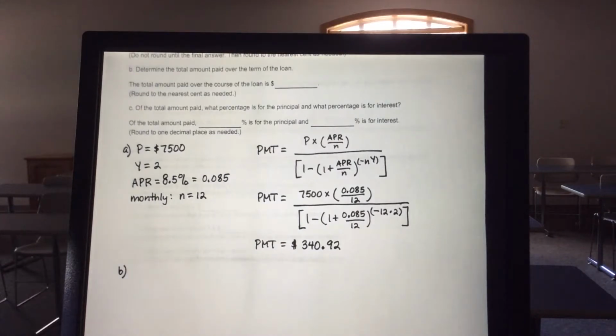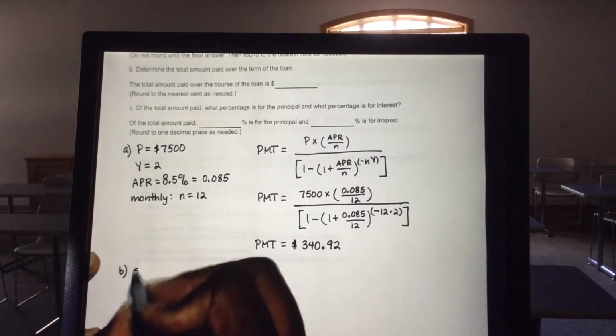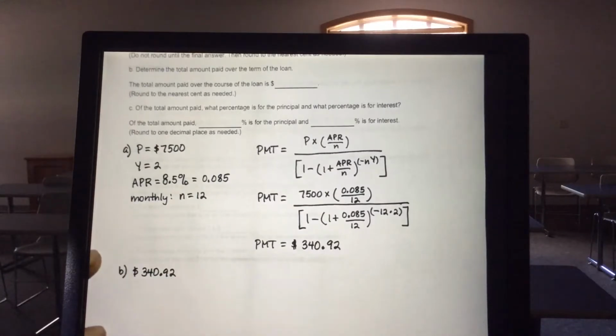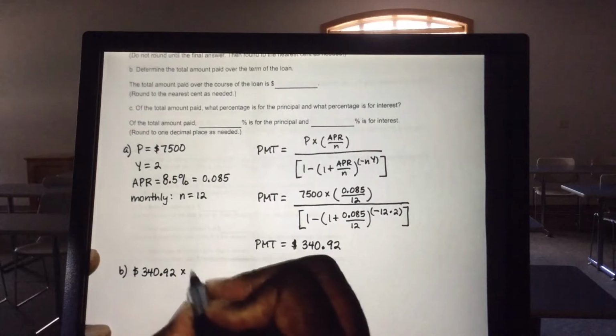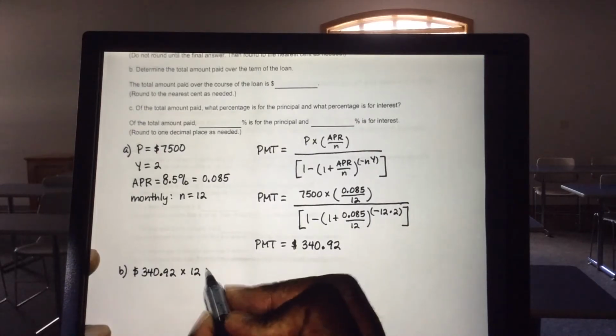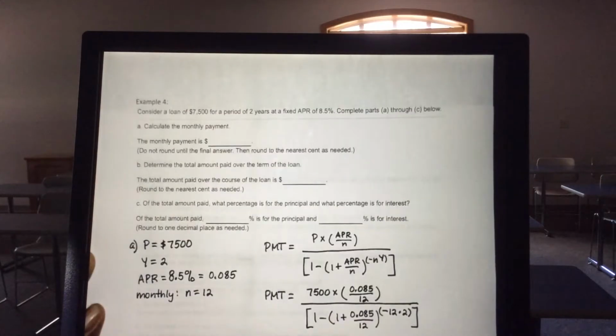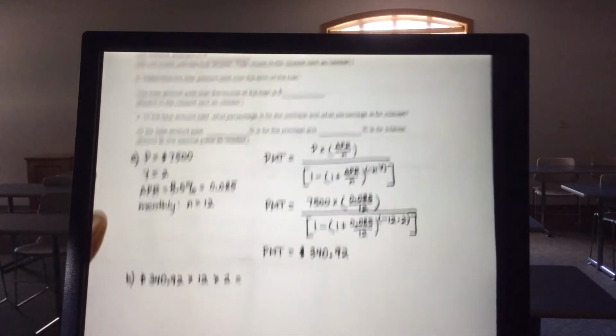Now, part B. Determine the total amount paid over the term of that loan. So here we're making payments of $340.92. And it's monthly, so there are 12 months in a year, and then for 2 years, we need to multiply by 2, because it says a period of 2 years.